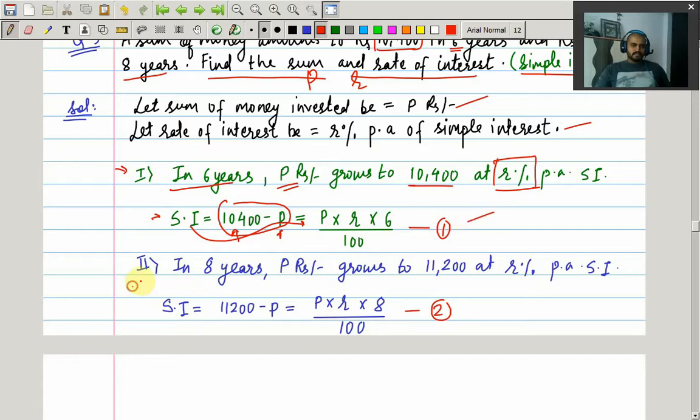The second given thing is in 8 years, the same unknown amount grows to 11,200 at the same rate R. The simple interest is the final amount minus the invested amount, and the formula says it is this. So that's my second equation.